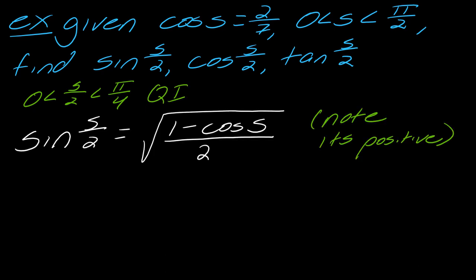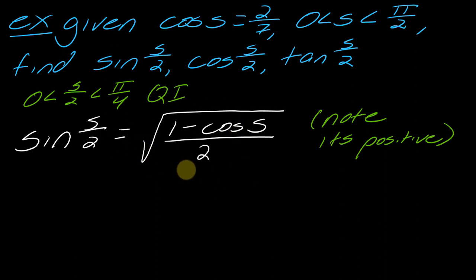Okay, so now let's evaluate sine of s over 2. I want you to notice that when I wrote out this identity, I went ahead and wrote it as the positive one. I don't have the plus or minus. Why am I doing this? Because I figured out that this was in quadrant 1, so I can take a liberty now in that this square root will end up being positive.